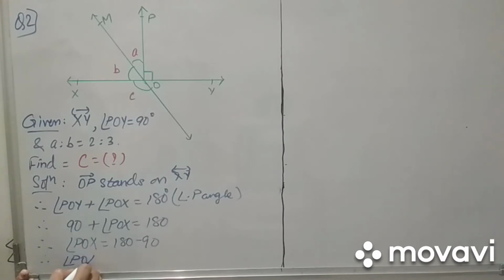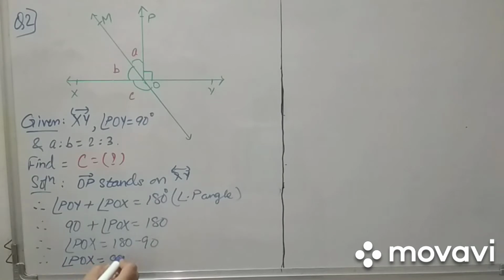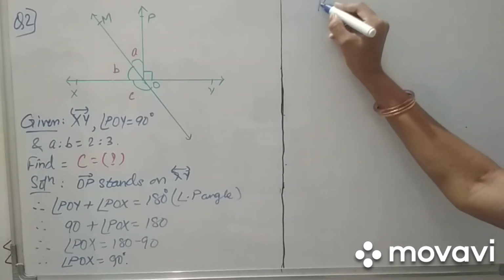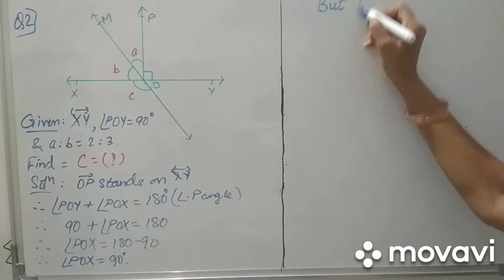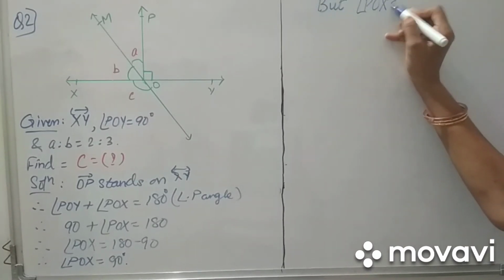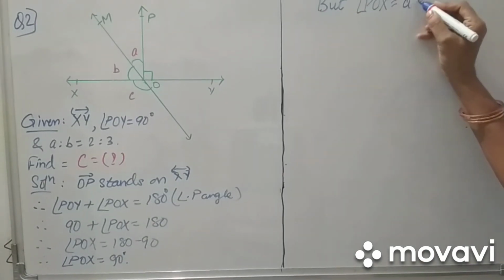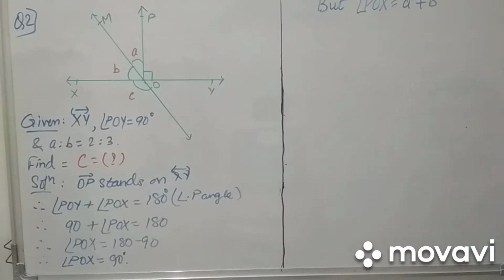Angle POX is equal to 90 degree. But angle POX is equal to A plus B. You can see in the figure.